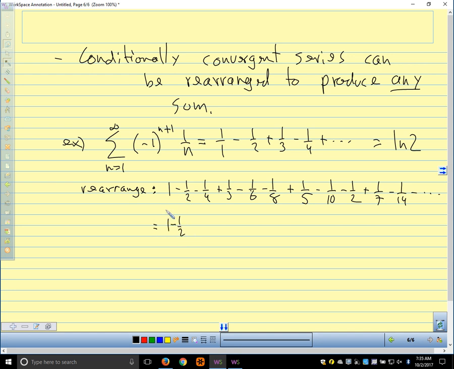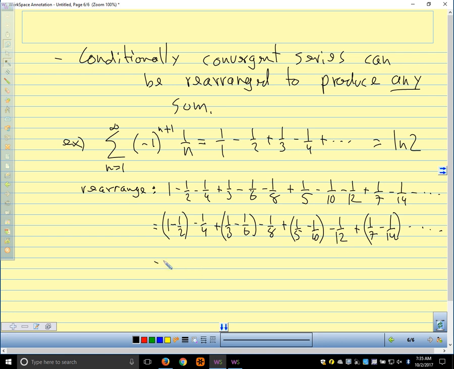1 minus 1/2 minus 1/4 plus 1/3 minus 1/6 minus 1/8 plus 1/5 minus 1/10. This should be 12, right? Minus 1/12 plus 1/7 minus 1/14. There we go.